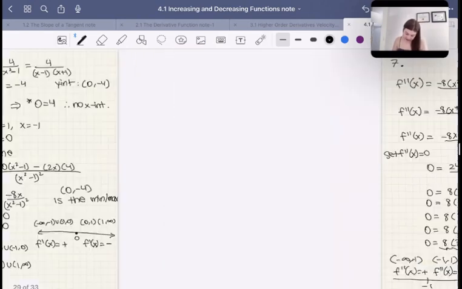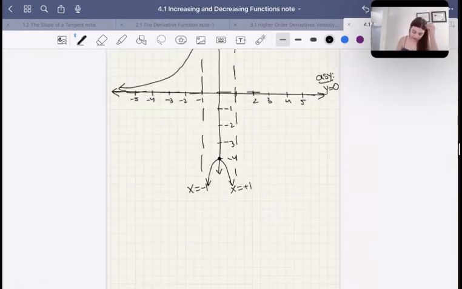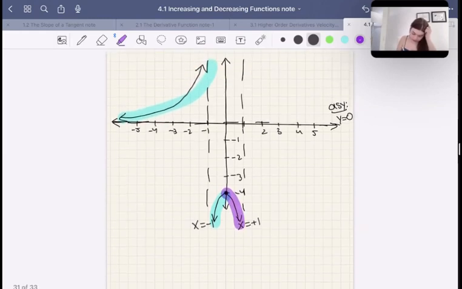Sorry, one second. I think I read this a little bit wrong. No, so I did read this wrong. So we're increasing all the way up to 0. So we're increasing from -infinity to -1, right? Which makes sense. This is increasing. We're also increasing from -1 up to 0. Then we're decreasing from 0 to 1. And then we're also decreasing over here, right?